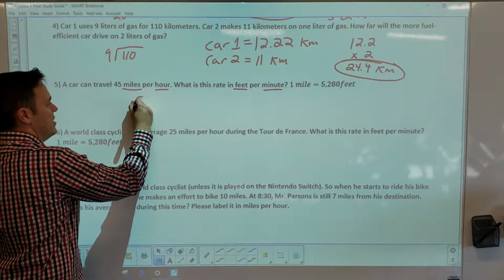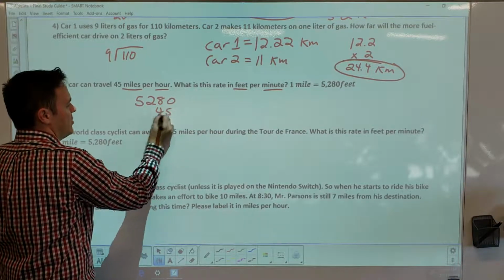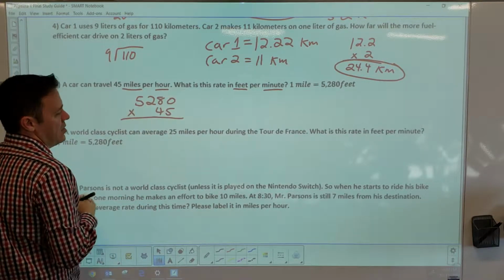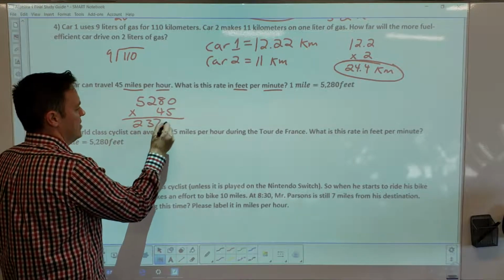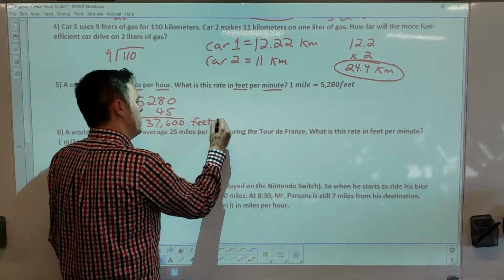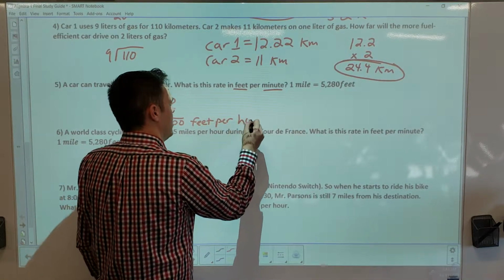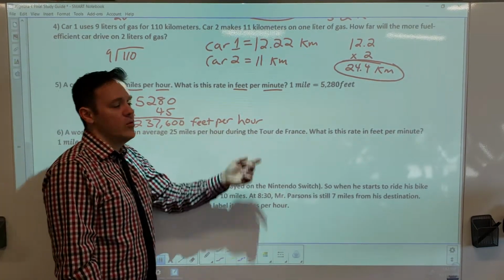How do you do that? Take your conversion chart and multiply it by 45. When you do that, you end up getting 237,600. Now, what is this? This is feet per hour. Now, do we want to know how many feet per hour we're moving?